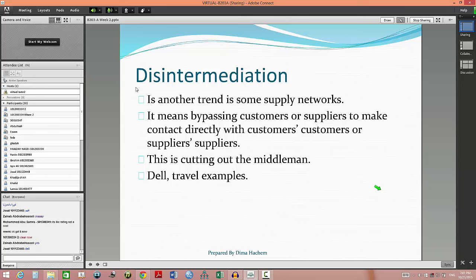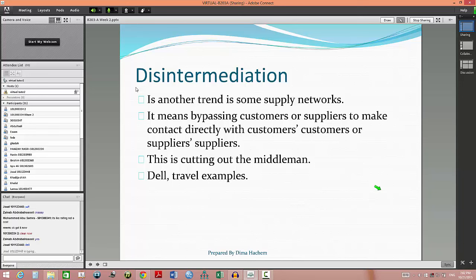Okay, this disintermediation. What is the meaning of disintermediation? It means that we remove the middleman. We remove, for example, the wholesaler.